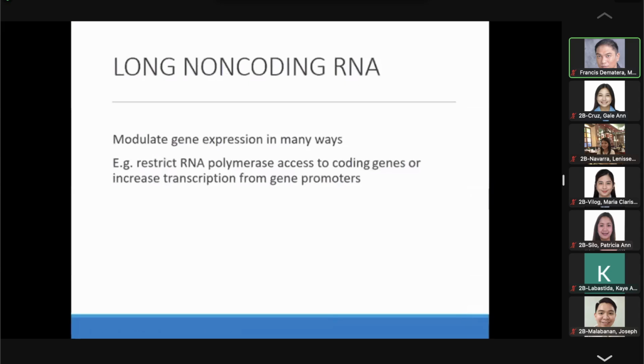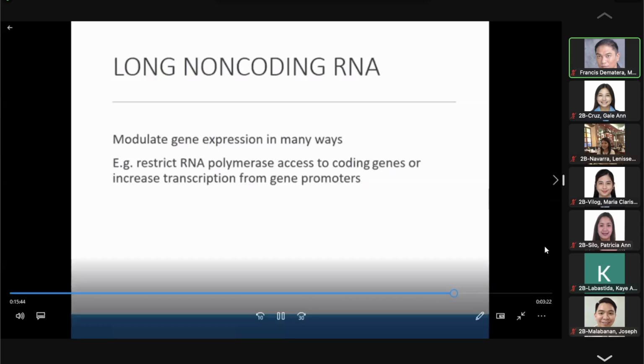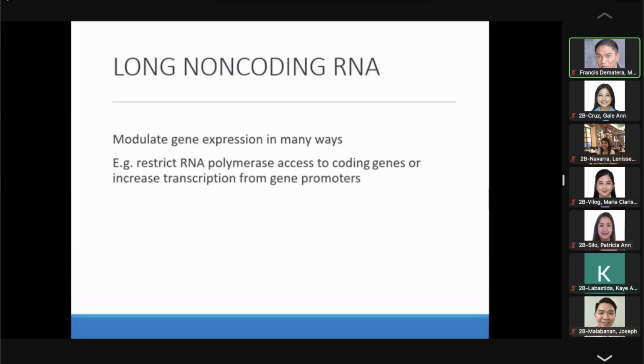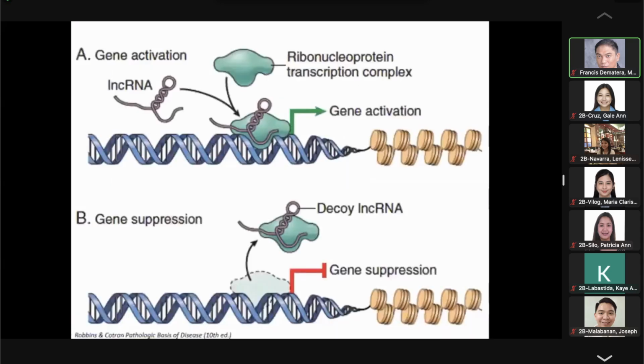So now we go to long non-coding RNA. They modulate gene expression in many ways, and they can bind to chromatin and restrict RNA polymerase from accessing coding genes within a region. So these long non-coding RNAs may play a role first in gene activation. They facilitate transcription factor binding, and that would promote gene activation.